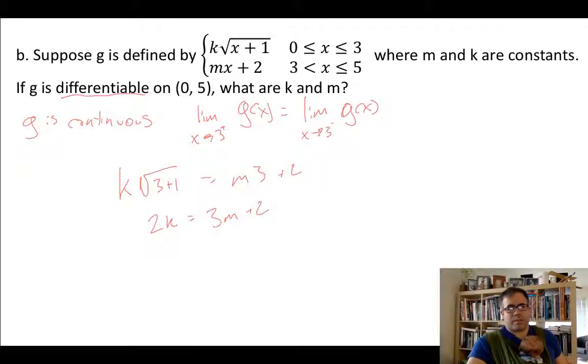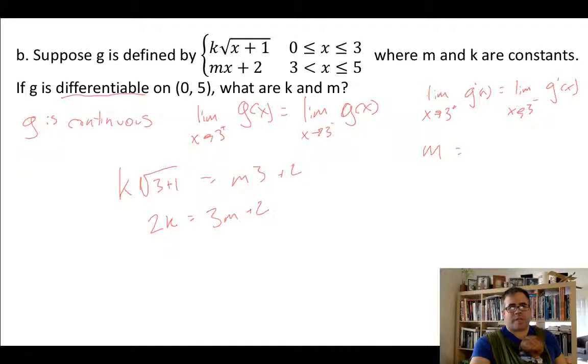So differentiability, roughly speaking, would say that the limit of the derivative g prime of x is the same from both sides. Now, if you do that on the positive side, g prime is just m everywhere, including at 3.